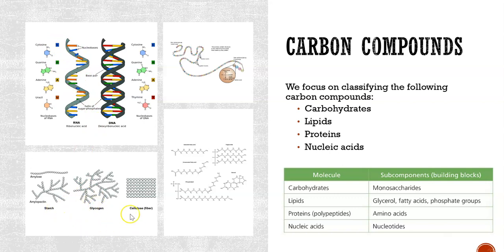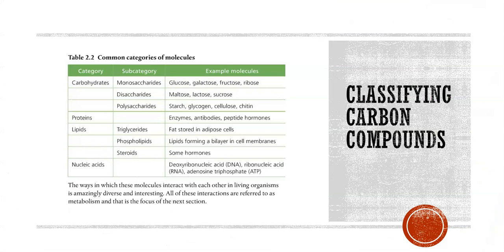We've got our amino acids here building up our proteins. We've got our fatty acids here, and we've got our carbohydrates here. So each of these small shapes is a monosaccharide there.